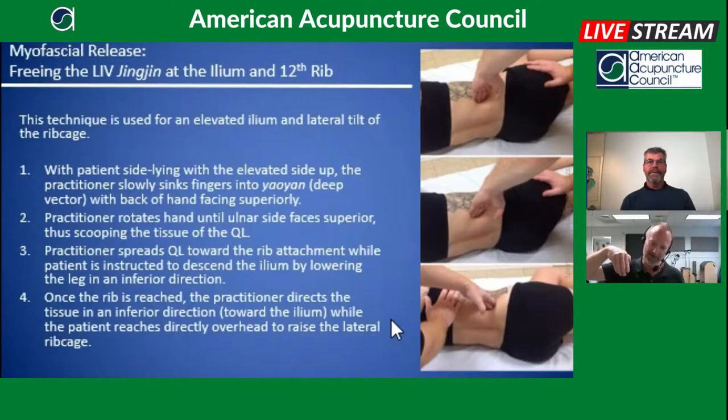You can angle your finger once you get a really deep contact there and kind of engage the tissue. You can angle that pressure up towards the 12th rib and have the person reach their leg down to bring the hip down. So their thigh, you can't see it fully in this image, is in line with their torso.